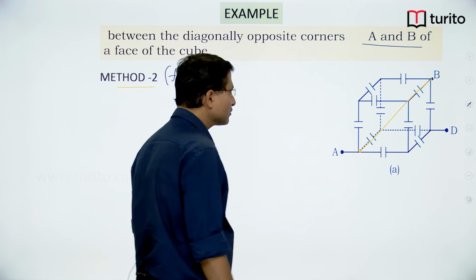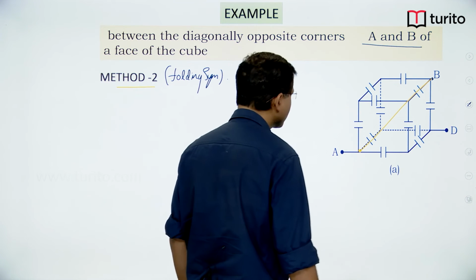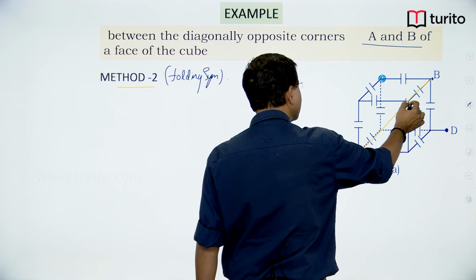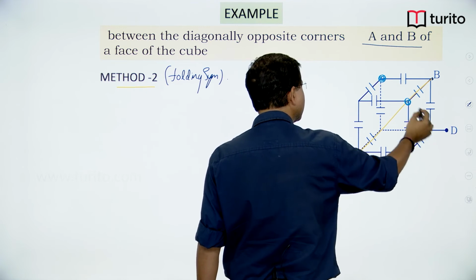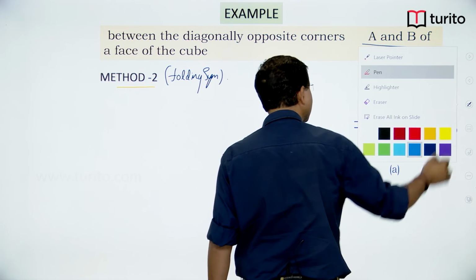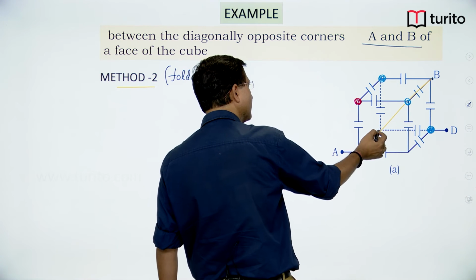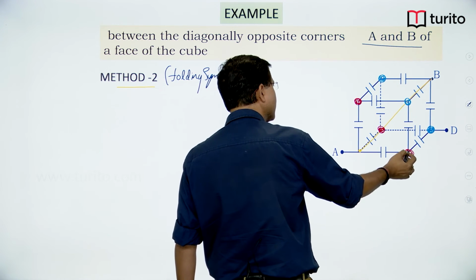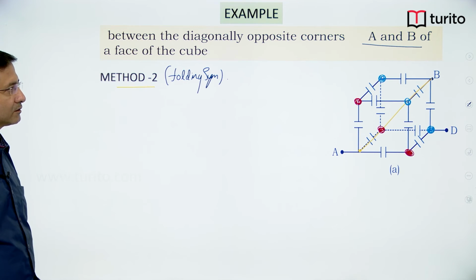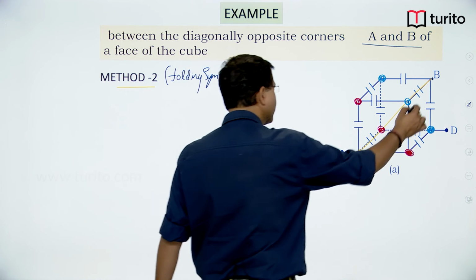Let us select those points. About this line I can see that this one and this one and this one are at the same potential, and similarly this one and this one and this one will be at the same potential. This is what I can see about AB.